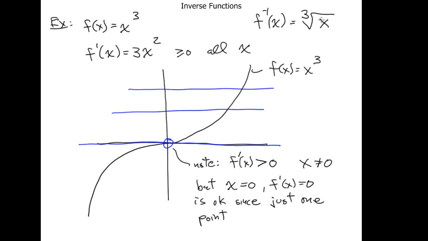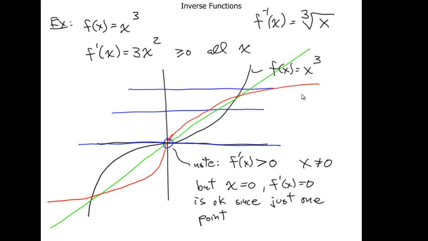It's the cube root. And you can take the cube root of a negative number. In fact, the cube root of a negative number is negative. So let's draw the 45-degree line and reflect this graph about the 45-degree line, and you get something like this. The black is the function f of x, and the red is the function f inverse of x, which is to say the cube root of x.